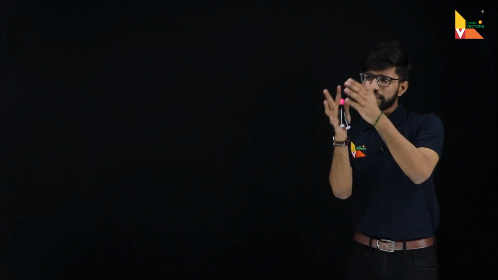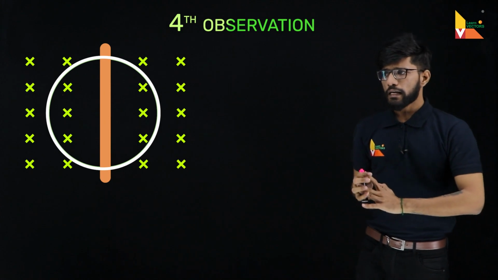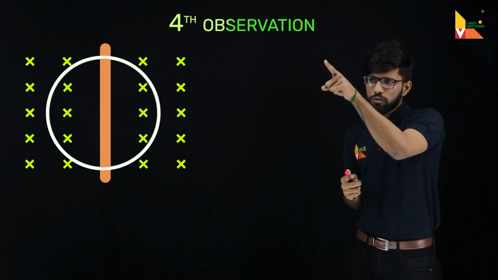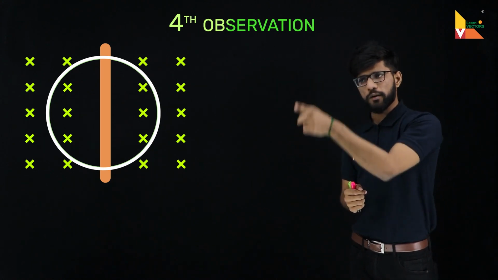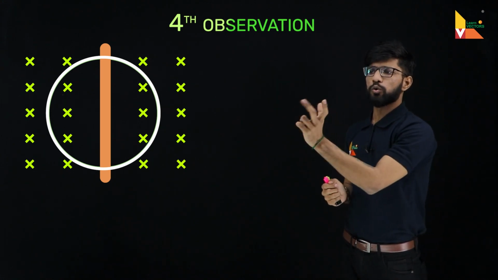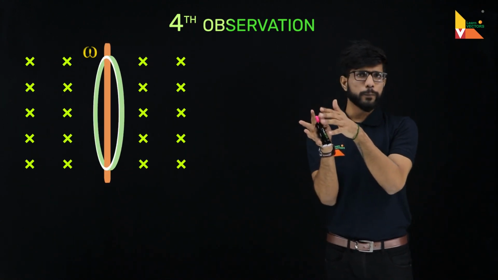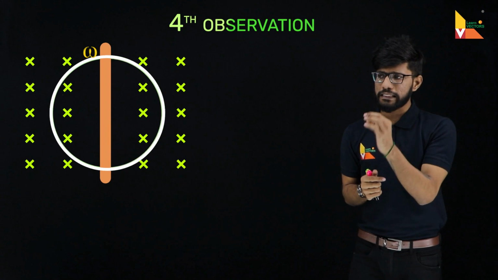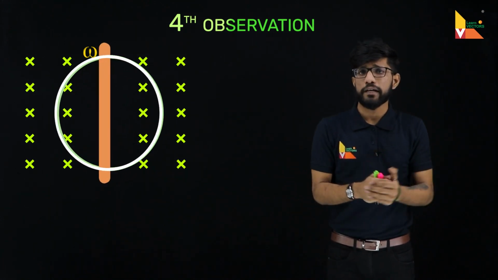We didn't observe any kind of current. But in the fourth observation, it was observed that if I am rotating about this axis, not that axis, the loop will rotate something like this. So what is happening here?